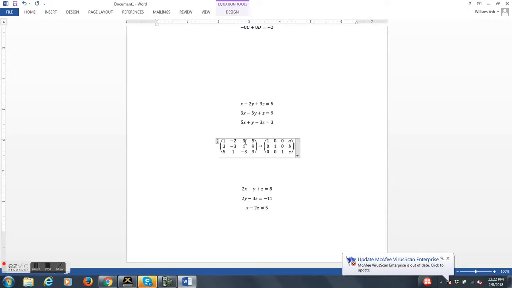Then after some manipulation, that's going to be x equals a, y equals b, and z equals c. This algebraic manipulation part is what my calculator is going to do for me.